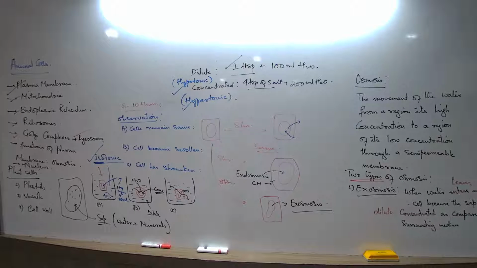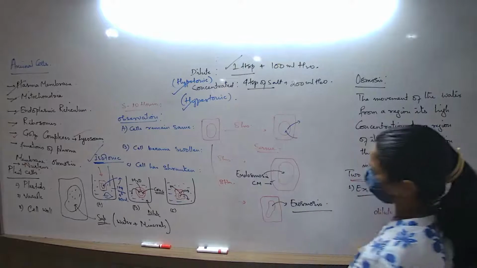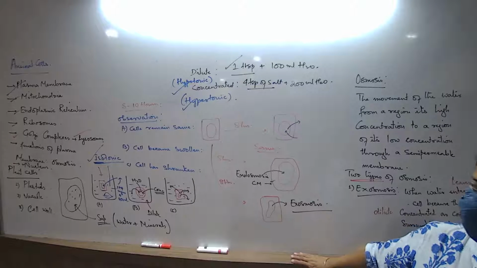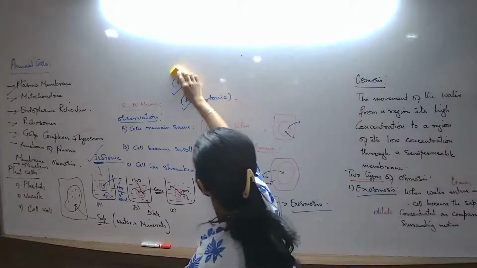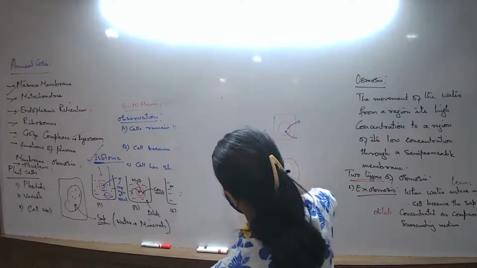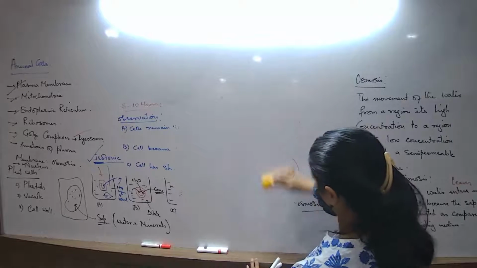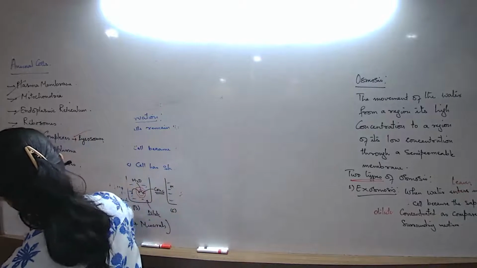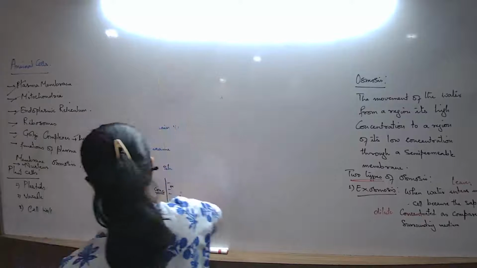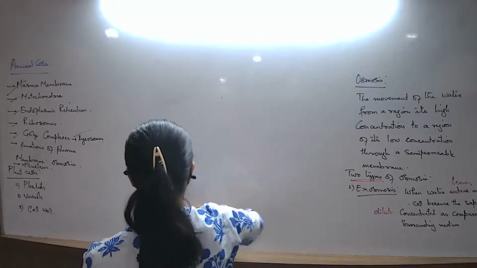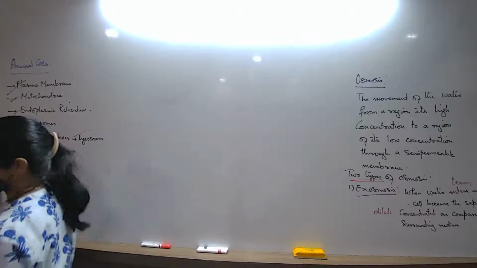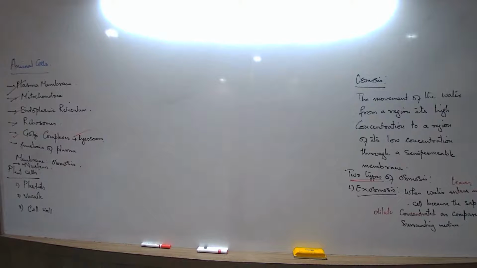Number three. Hypotonic solution. A solution which has higher concentration of water and a lower concentration of solute as compared to a cell. आया समझ में?